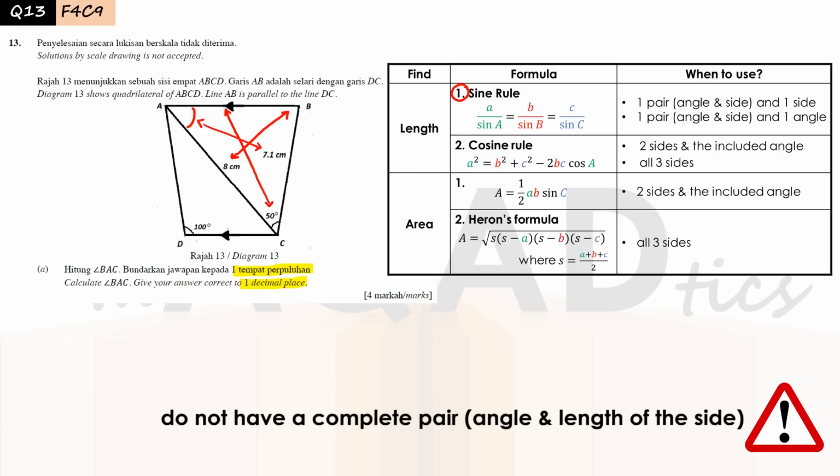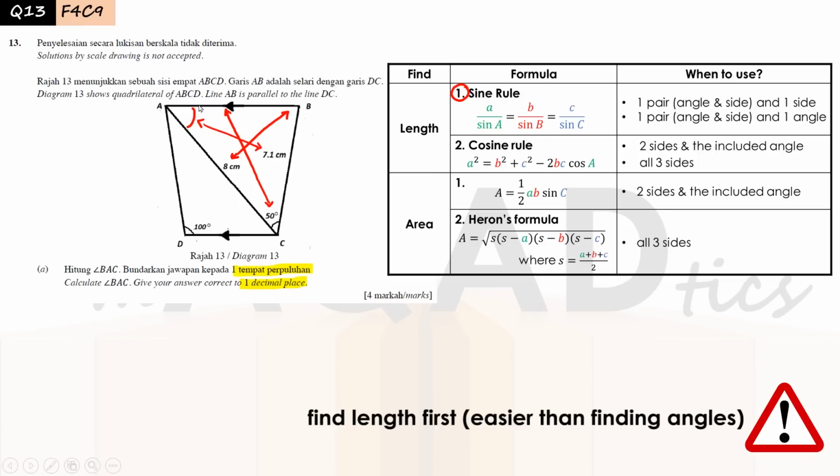To find that pair, we can find the pair that doesn't have the length of the side, because the length of the side is usually easier to find. So the pair that doesn't have the length of the side is line AB and the angle here. So let's try to find the length of AB first.